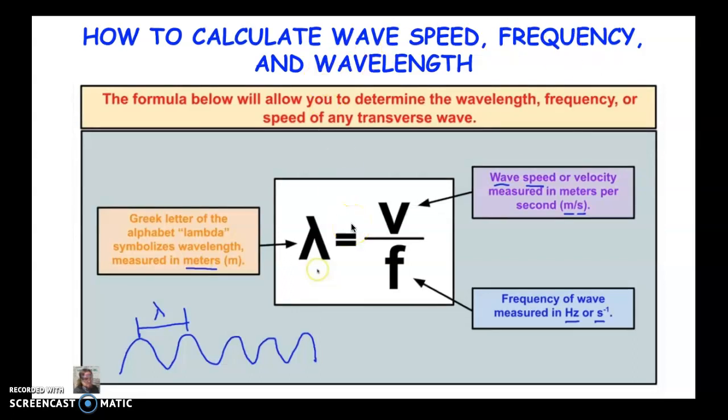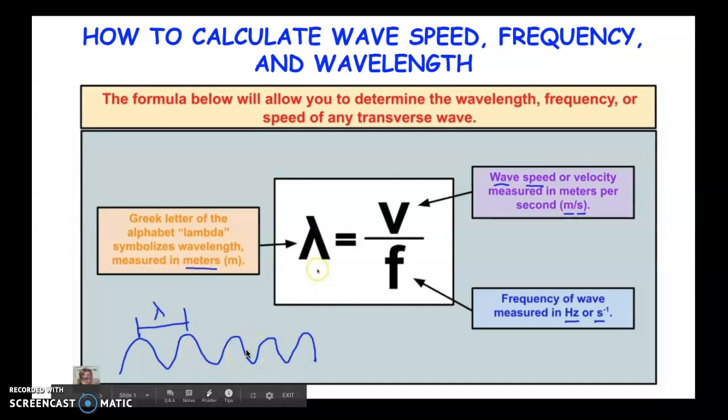So the formula for calculating wave speed or frequency or wavelength is this. We've got lambda, which is the symbol for the wavelength, equals velocity, which basically means speed, divided by frequency. Remember that wavelength is the distance in a wave between a crest and a crest, or a trough and a trough, or anywhere on a wave in that same spot on the next wave.